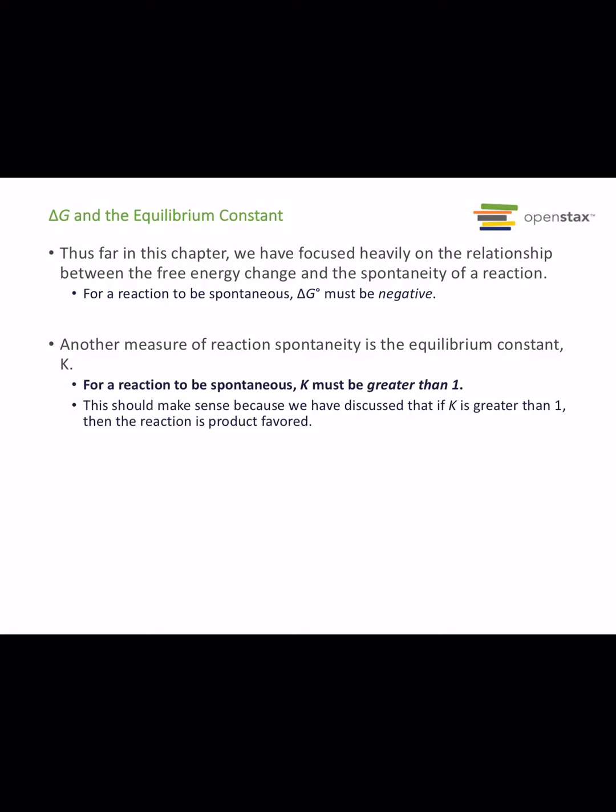It means that the concentration of your product is going to be greater than the concentration of your reactants. So we have a forward moving reaction, and we're going to have a K that's larger than 1. For that same spontaneous reaction where K is larger than 1, delta G has to be less than 0, because we said for a spontaneous reaction, delta G has to be negative.